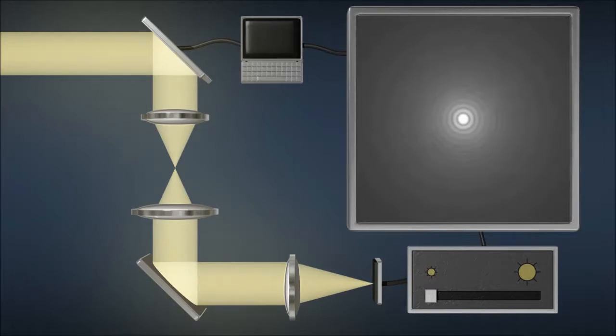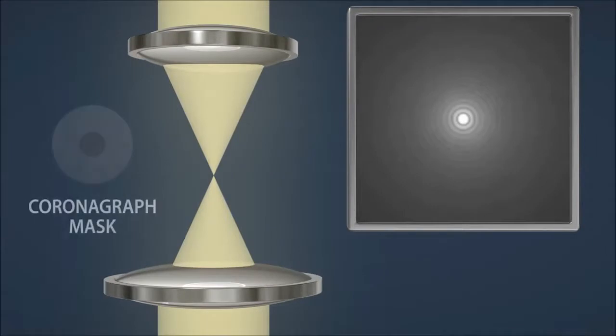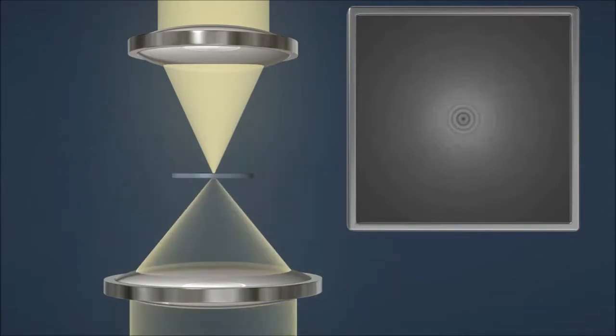As you're about to see, a coronagraph helps directly image faint planets by doing three things. First, a coronagraph blocks most of the incoming starlight using a mask with a dark central region. The mask is carefully designed to redirect the starlight that it does not block off to the edges of the beam. As we see on the monitor, the inserted mask has already decreased much of the central starlight.